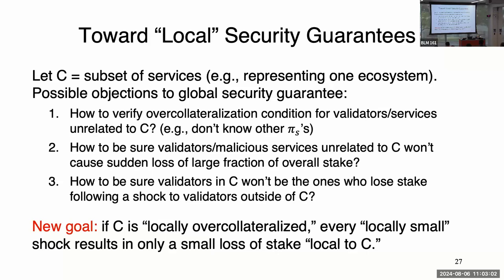Yeah. So number 3 points to a concern that is not just from the point of view of someone who belongs to C, but from someone who wants to trust C, but sees them as potentially defecting in case of some shock. Good. If I understand, certainly the users of the services in C also share these concerns, right? So that'd be one thing to say.